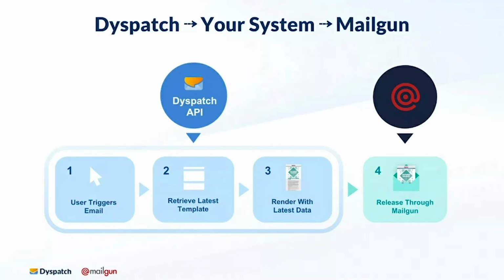We manage email templates in a block-based system, and when you go to send an email, your customer triggers it based on a purchase or a sign-up, and you're going to send a welcome email. Your system will pull the latest version of that template from Dispatch, something that has gone through an approval process.